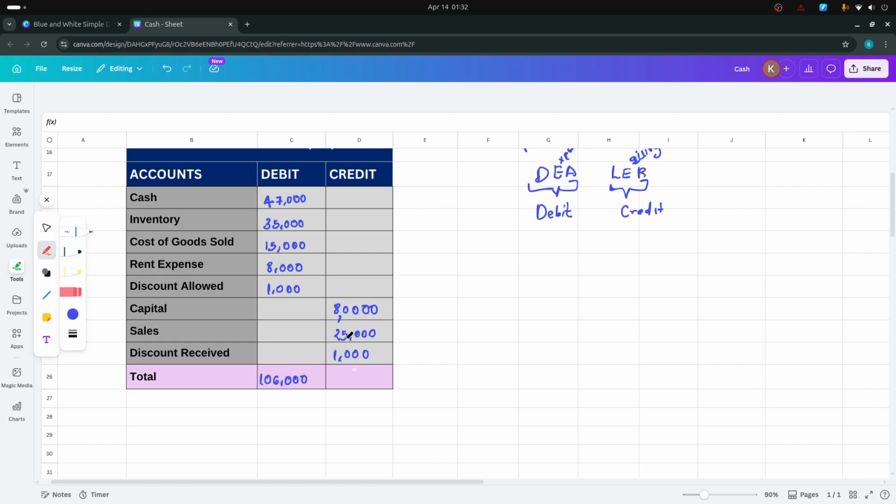And on the other end, 105 plus 1, we're going to have 106,000. This means our TB is balanced. So note that discount allowed is what the supplier records in their books, and then discount received is what the customer records in their books for a particular discount that is given.